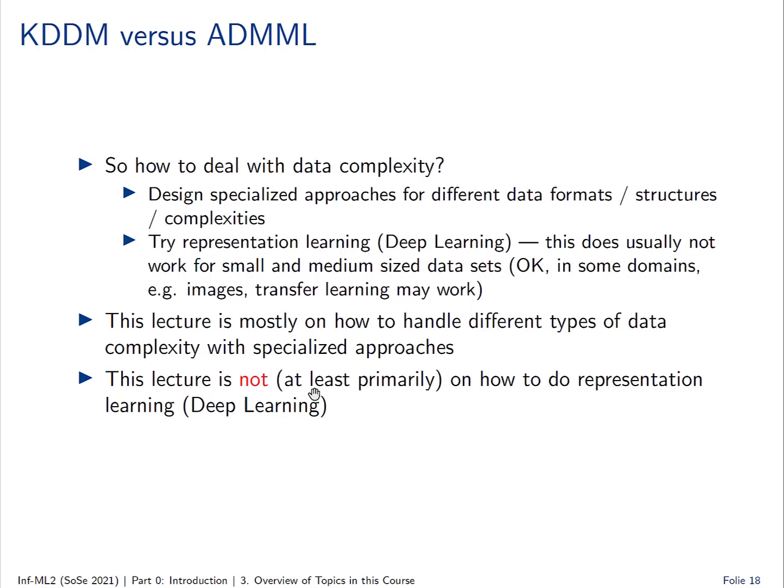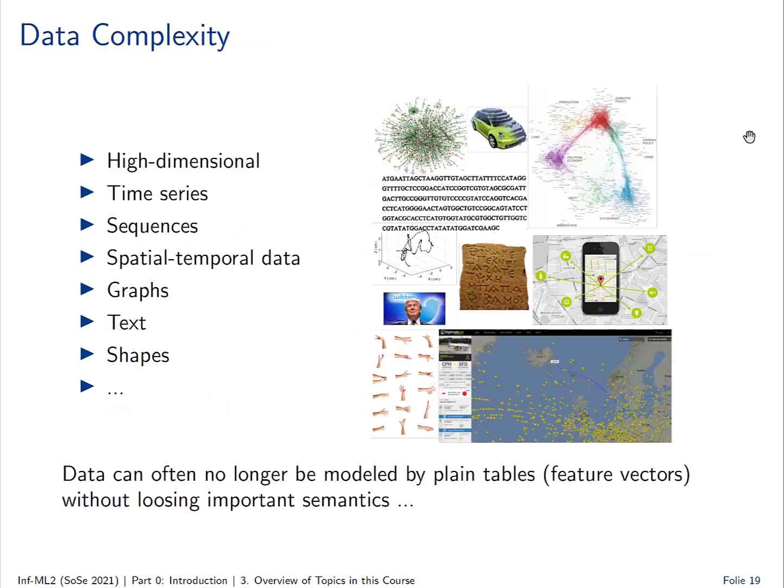There, it's somehow a canonical thing, because if you have big data, and unstructured data per se, that is something where neural networks and deep learning may work. Here we focus on scenarios where deep learning typically doesn't work, and transfer learning doesn't work either. So in order to get a hold on this data complexity, we need specialized approaches. That is the purpose and the main focus of this lecture.